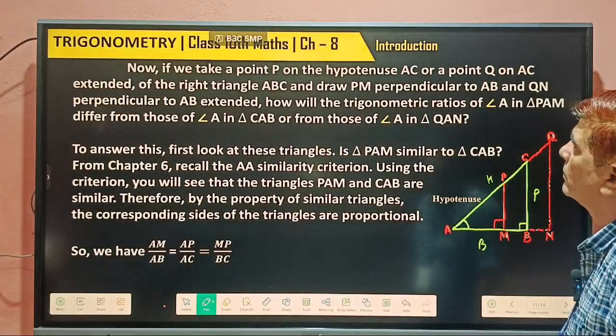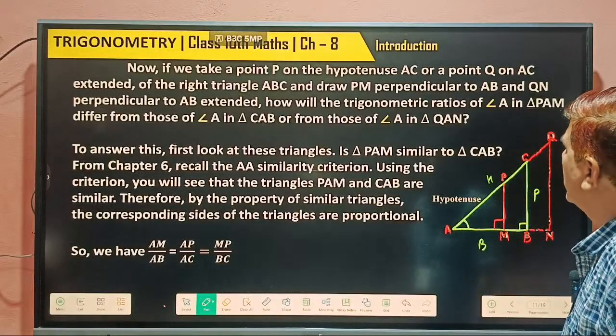How will the trigonometric ratio of the angle be?